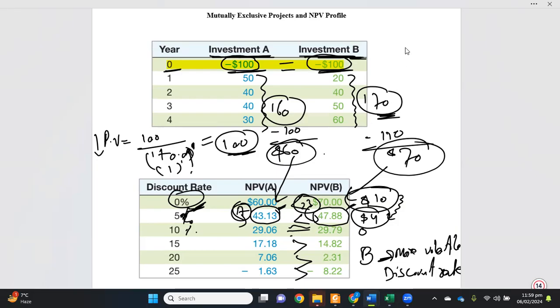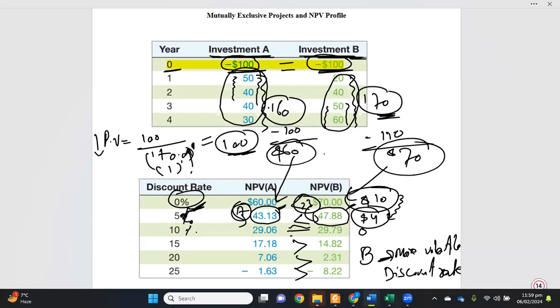If we look at the patterns of the cash flows of project A and project B, we can identify a major difference in the pattern. In investment A, the bigger cash flows are in earlier years, while in project B, the bigger cash flows are in later years.